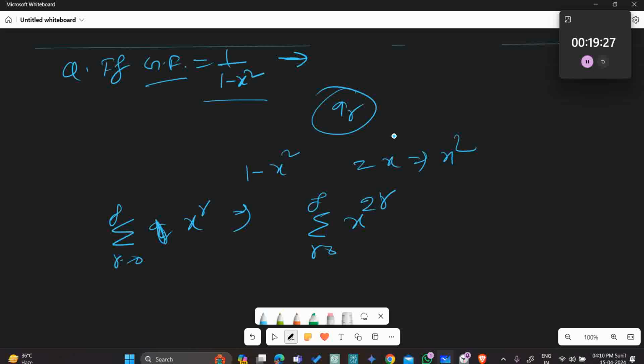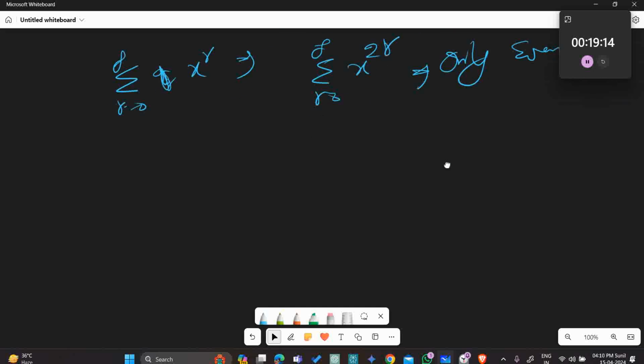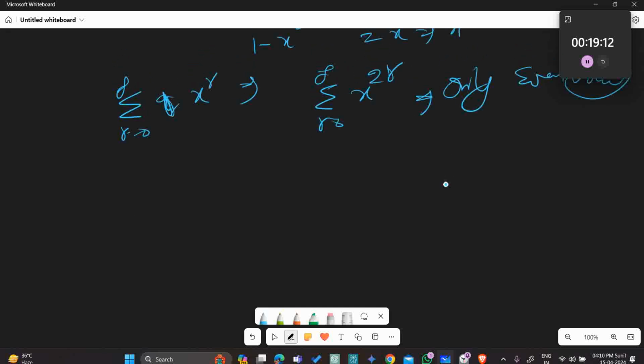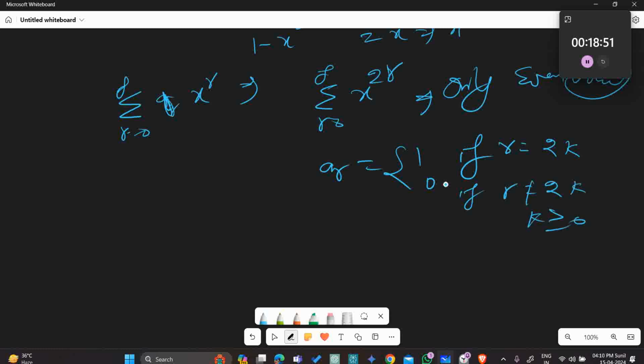Alright, this is what? Only even values. So what we are doing here is a of r is equal to 1 if r is equal to 2k, and 0 if r is not equal to 2k, where k is greater than or equal to 0.